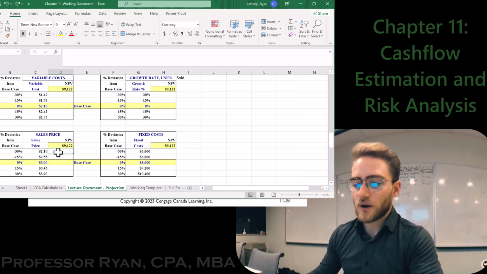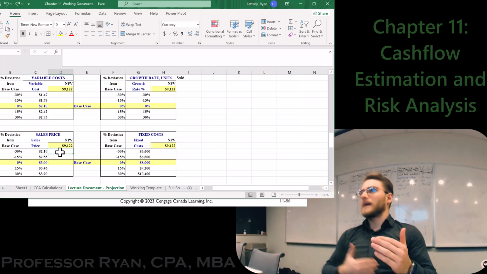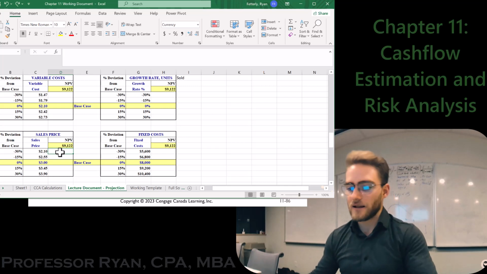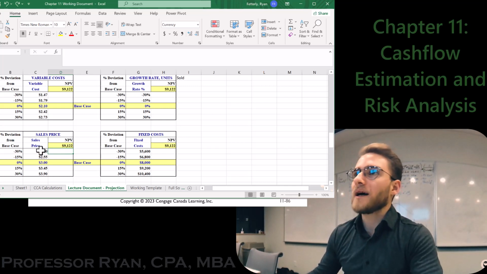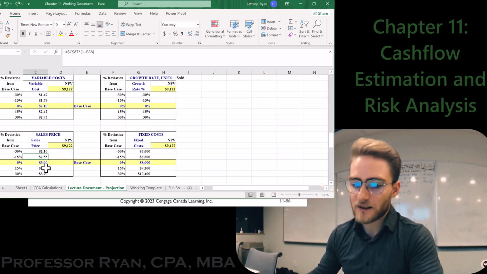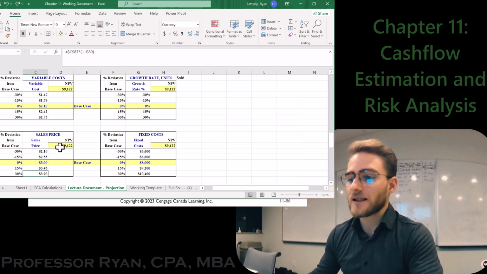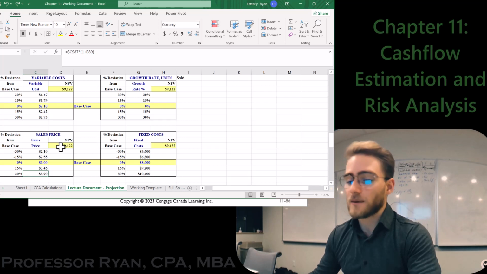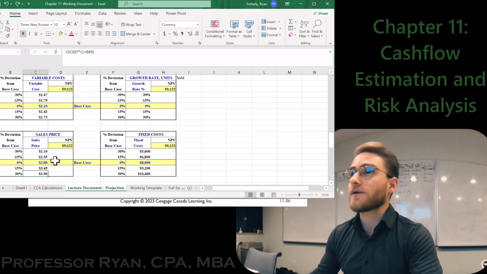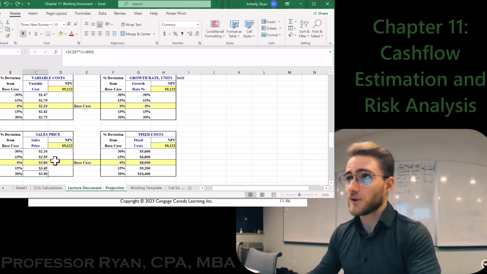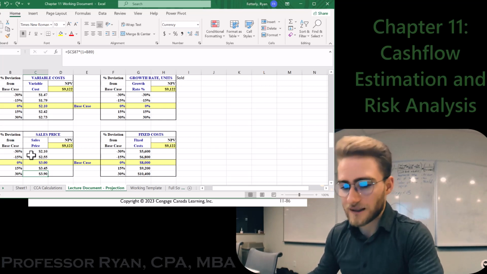So instead of individually calculating my NPV for every single one of these scenarios, if I want to know what my NPV would be at this sales price, this sales price, this sales price, all I have to do is use this interesting function in Excel called the data table, right? These are a little difficult to figure out if no one ever shows you, but if someone shows you, it's actually pretty easy.